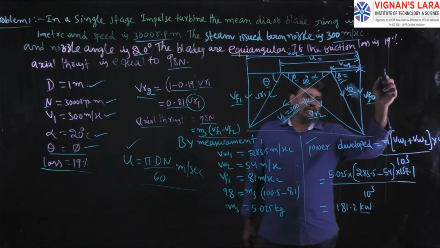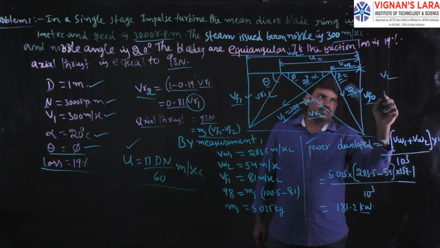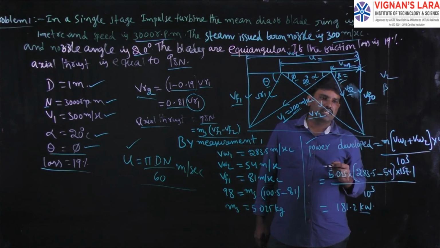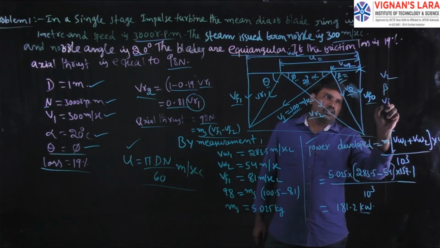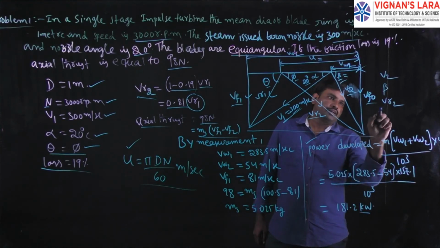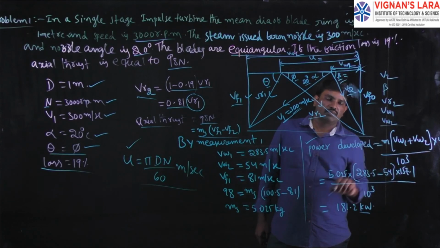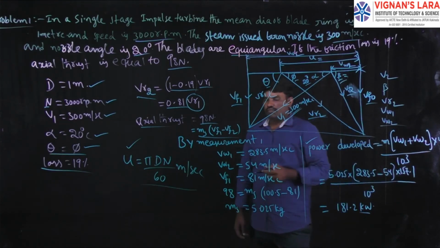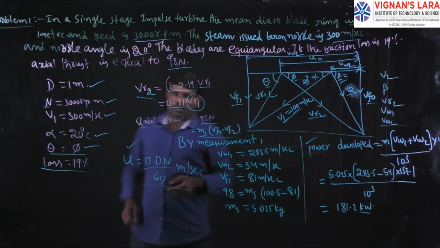You can also calculate the exit velocity of the nozzle, discharge angle, relative velocity of the steam, and whirl velocity at inlet and whirl velocity at exit. These parameters also you can calculate after complete drawing of the combined velocity triangle.